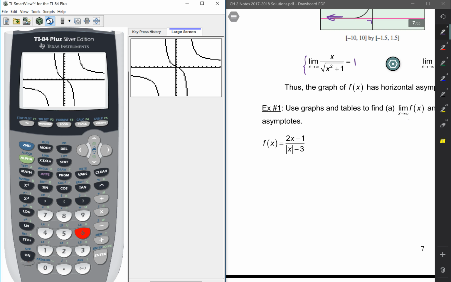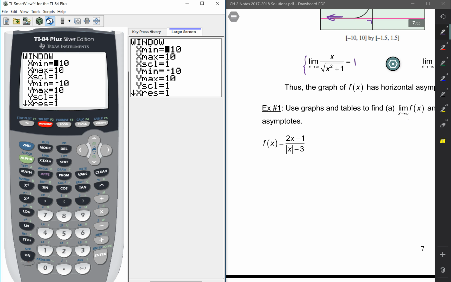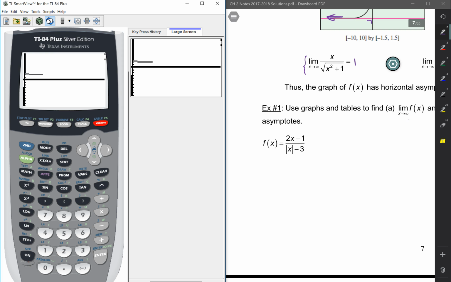All right. So if we wanted to look at x equals 1, 2, 3, 10, this is a perfect view. If I want to look at what's happening as x approaches infinity, I could go to my window and change the x max, let's say, to a larger number, like 1,000. Okay, it should really start to show at that point. Do you see how it's leveling off right there?